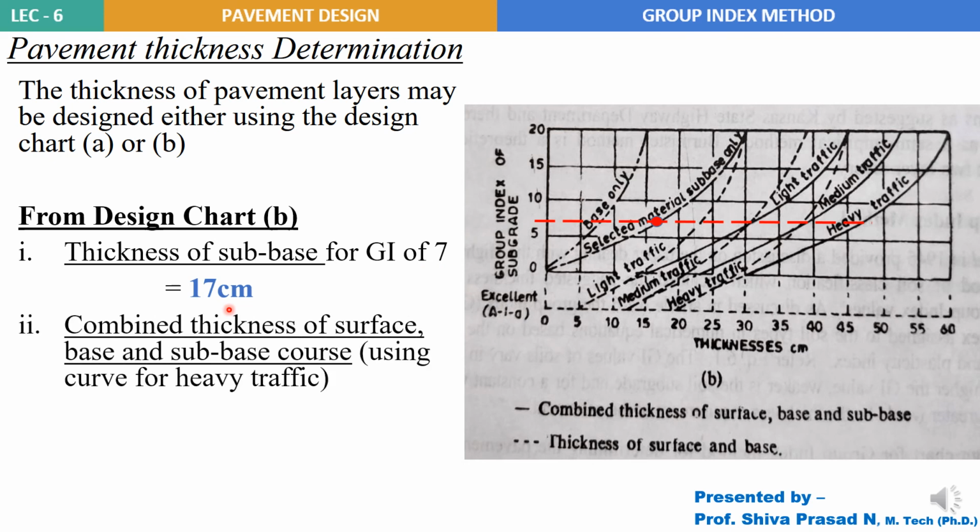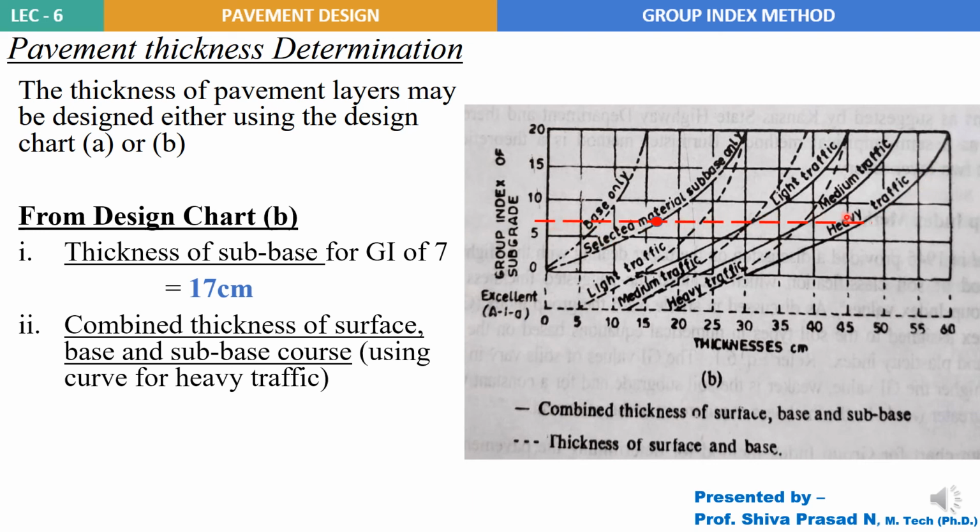Next, moving on further, the combined thickness of surface, base and sub base course using the curve for heavy traffic. That is the category of traffic for more than 300 as given in the problem by data. So which is the heavy traffic curve here? If you observe, we have so many curves: light traffic, medium traffic, and heavy traffic. So this last curve you need to consider for the same group index value, that is 7.